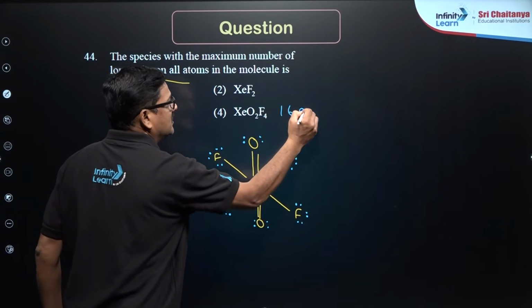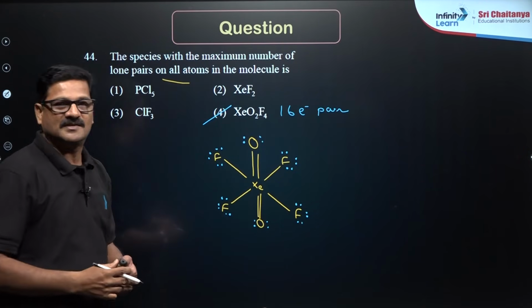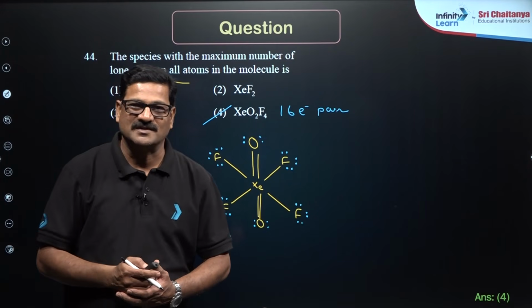Total 16 electron pairs are present. So the answer for this question is going to be XeO2F2. Answer 4 is the correct answer for this question.